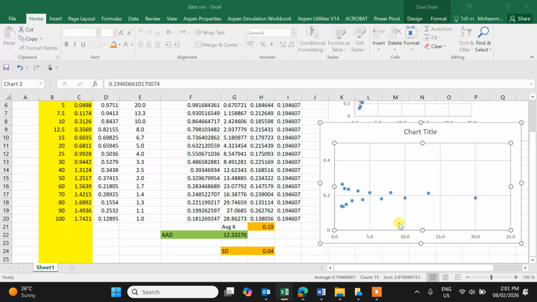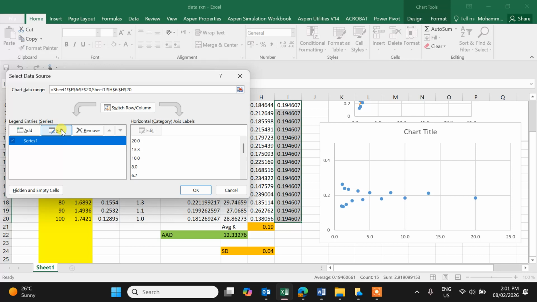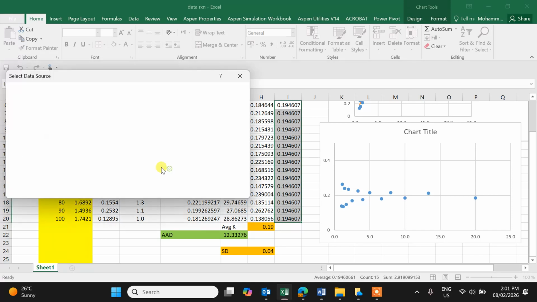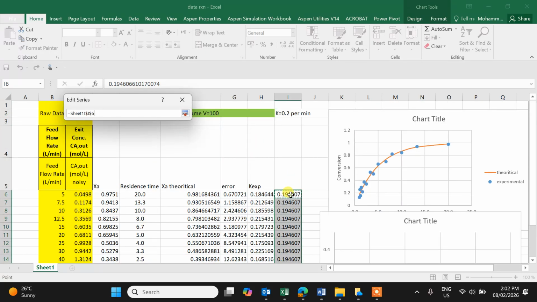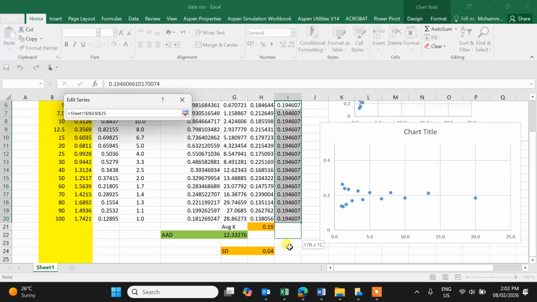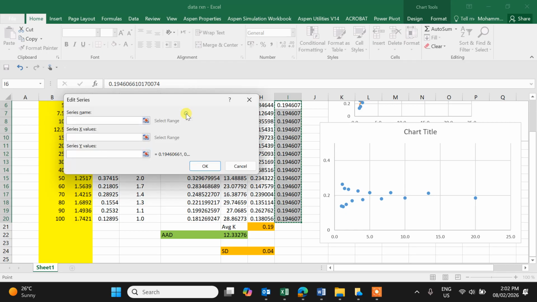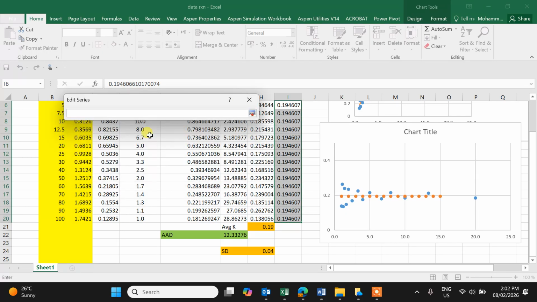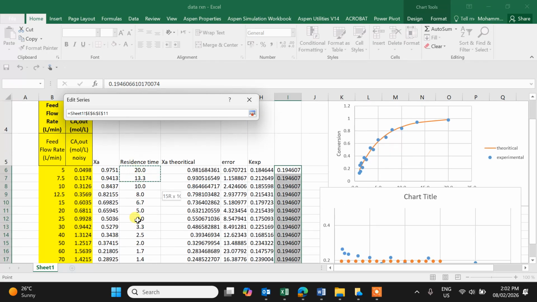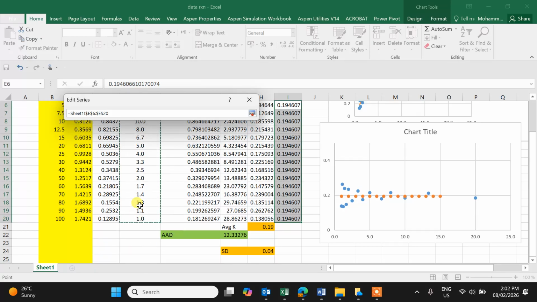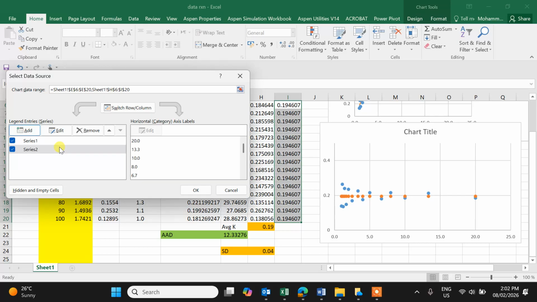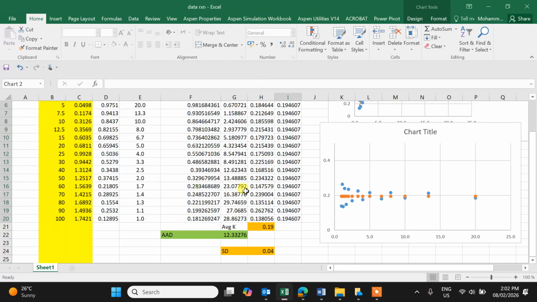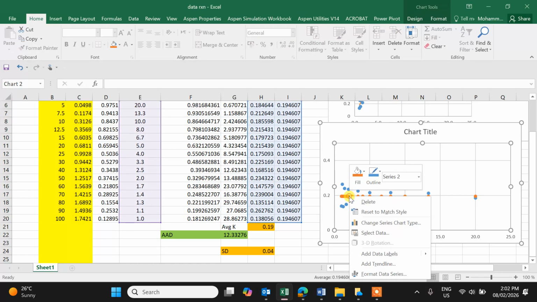So it will be a horizontal line, and this is almost close to it.